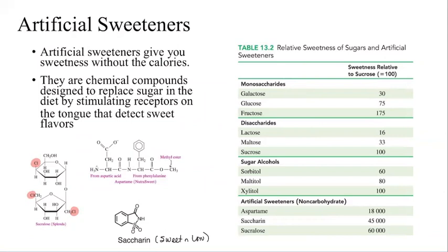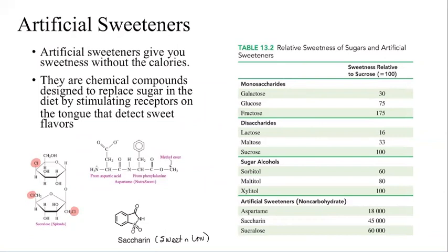Understand that when it comes to the monosaccharides, and I mentioned this before, fructose is sweeter than sucrose, which is our baseline. So sucrose is 100, because that's table sugar. Out of other disaccharides and monosaccharides, fructose is sweeter than table sugar.